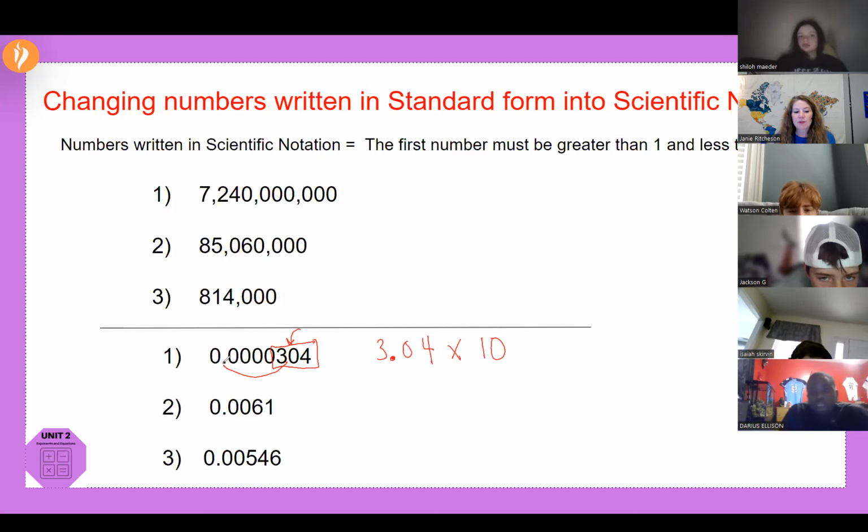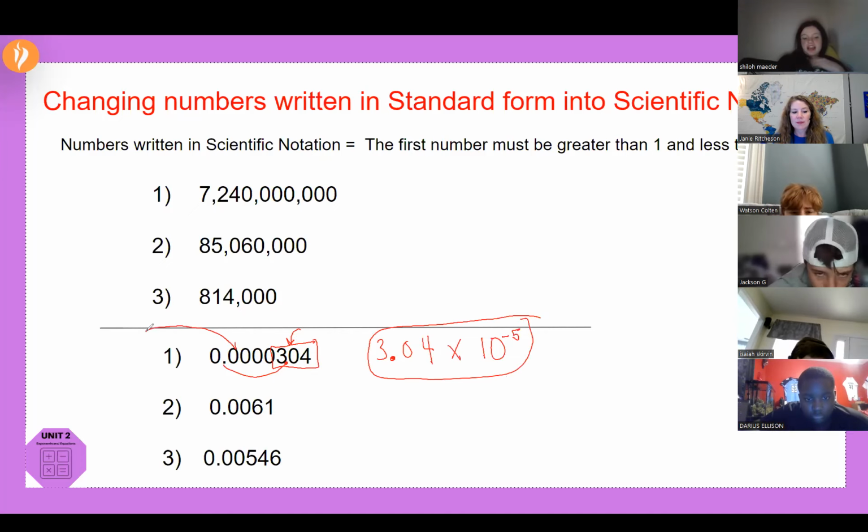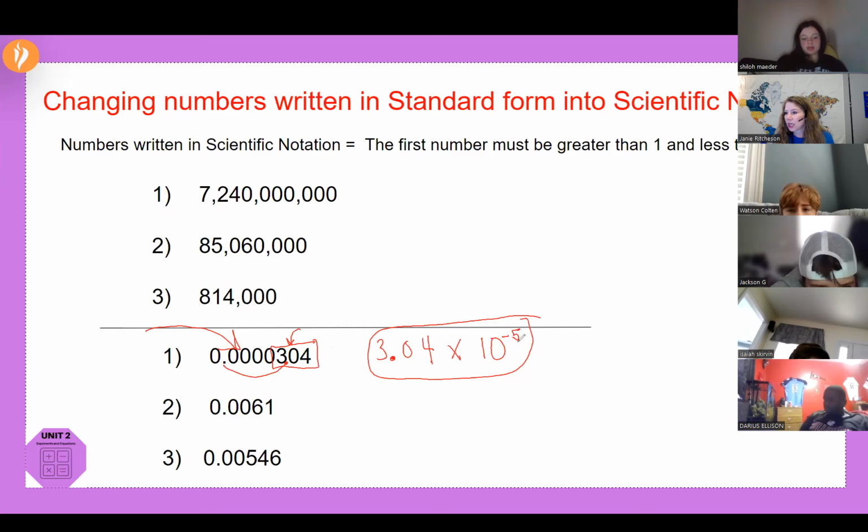How many times did we move our decimal? 1, 2, 3, 4, 5 times. Do I put a 5 here? Am I right? I'm so close, aren't I? It's negative. Yes, it's got to be negative because the number's so small. Do you want this to be your bank account balance? Negative. No, of course not. If you don't, use a negative.